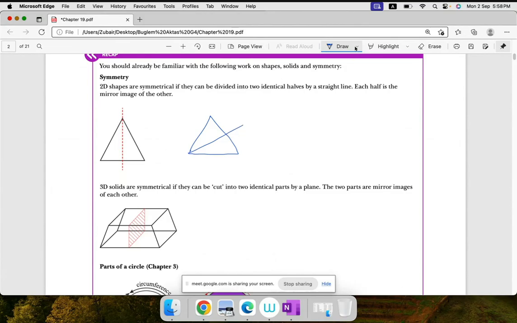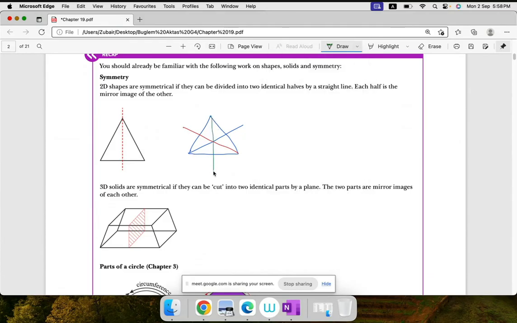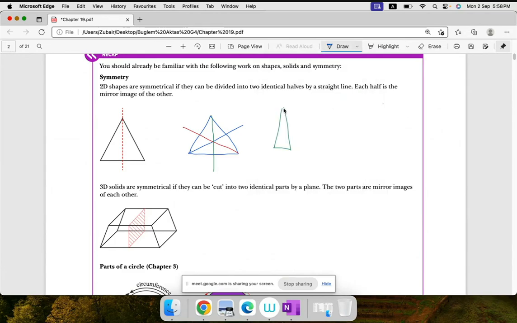So I can have 1, 2, and 3 lines of symmetry. If someone tells me that the triangle is isosceles, I will have only 1 line of symmetry. And if the triangle is scalene, then we have 0 lines of symmetry.